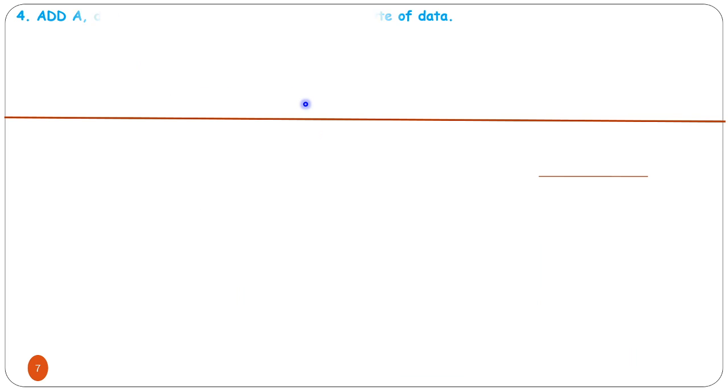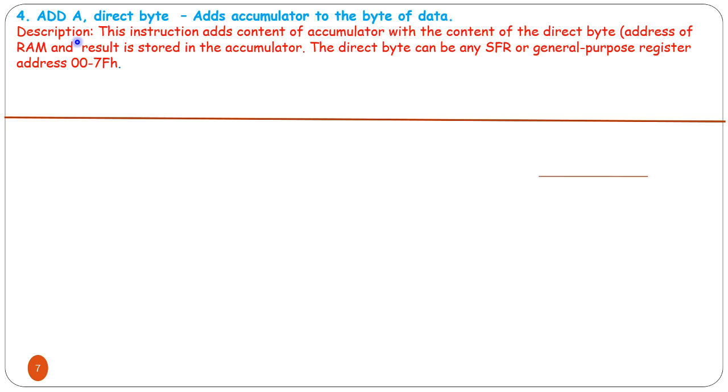Next, the instruction ADD A, direct byte. It adds the accumulator to a byte of data. So this byte of data gives the address of random access memory, and that content will be added to the accumulator. The result is stored in the accumulator.